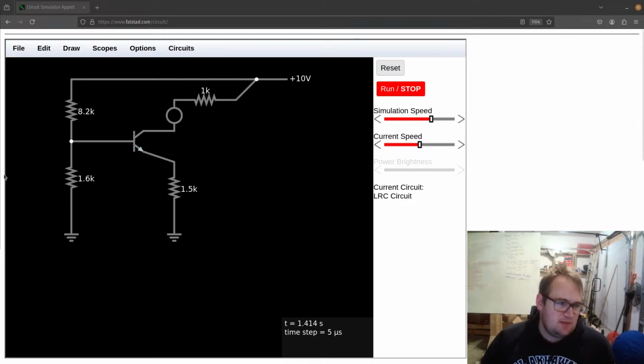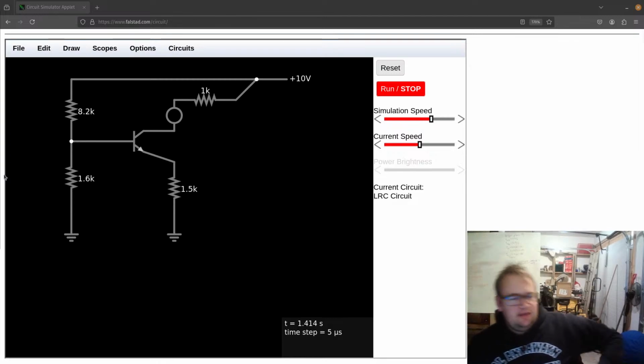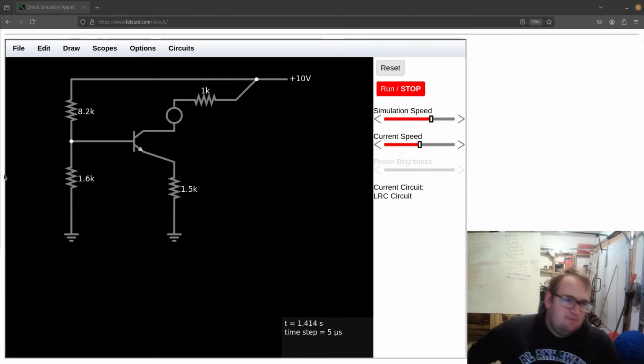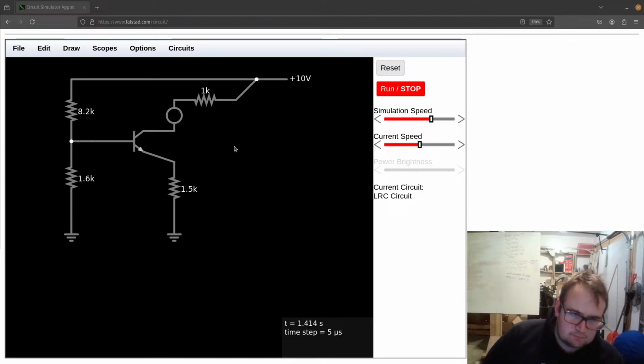So let's just bump this one up to 1.8K just to do it in our heads. So this would be 10K in total going to ground on 10 volts.